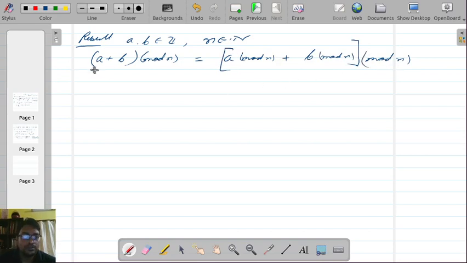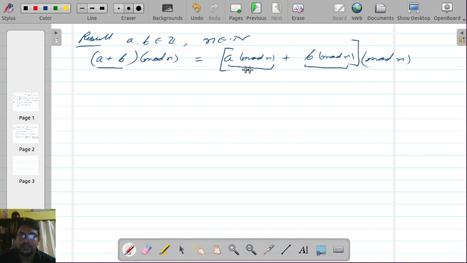That means if I add a and b together and then take the remainder when divided by n, this is the same as taking the remainder of a when divided by n and the remainder of b when divided by n, adding them, and then again taking the remainder of the sum when divided by n.